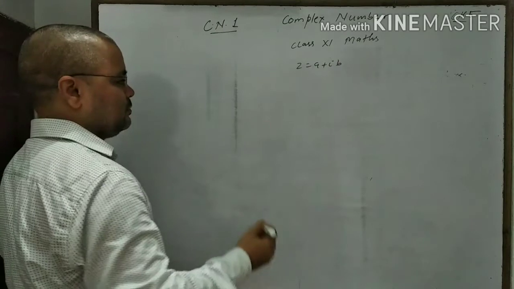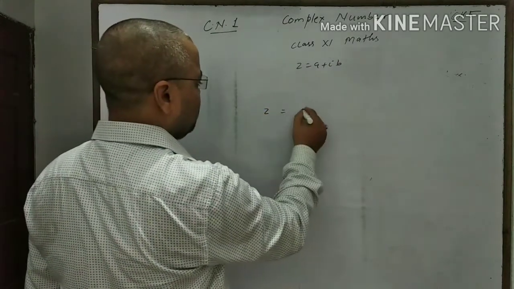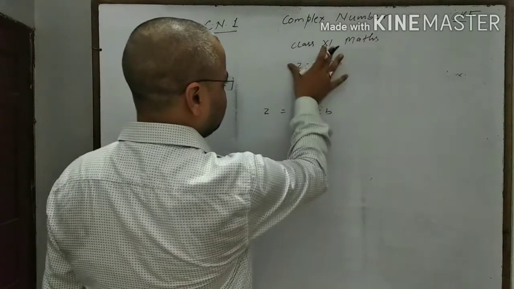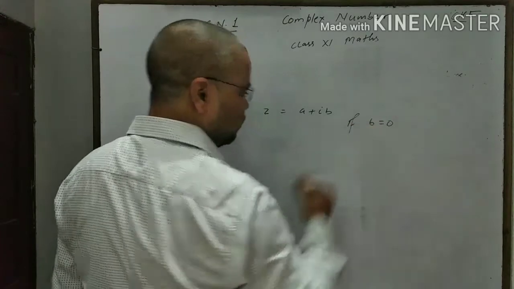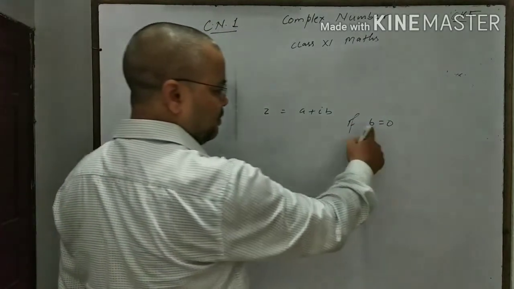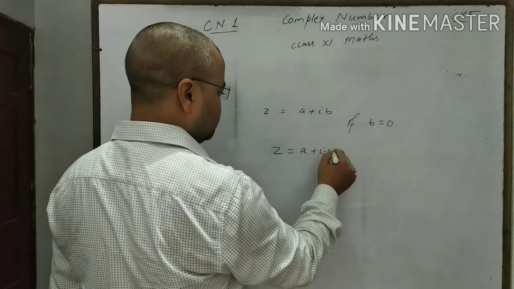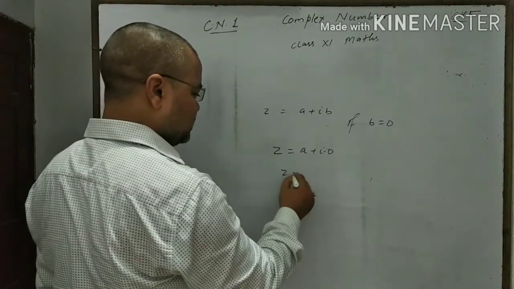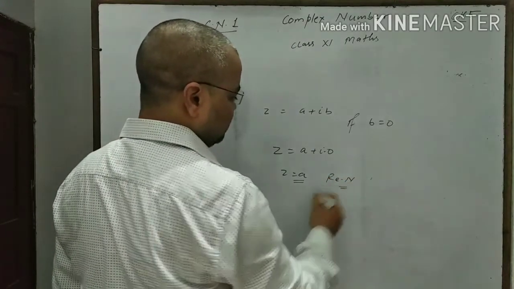Now, any complex number z is equal to a plus ib. If b is equal to 0, then z is equal to what? a plus i into 0, meaning z is equal to a. It will be a real number.